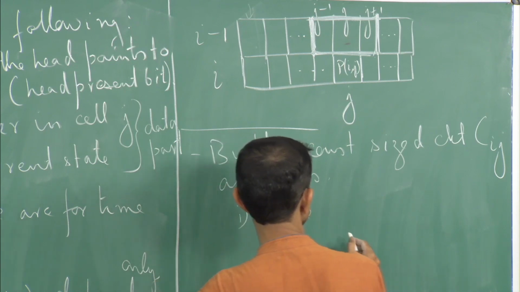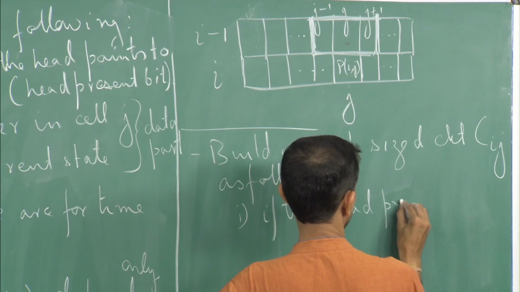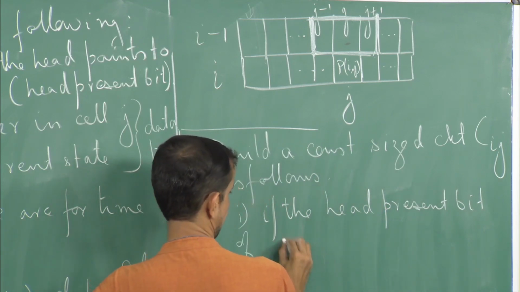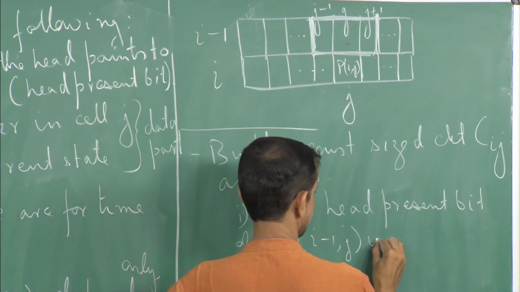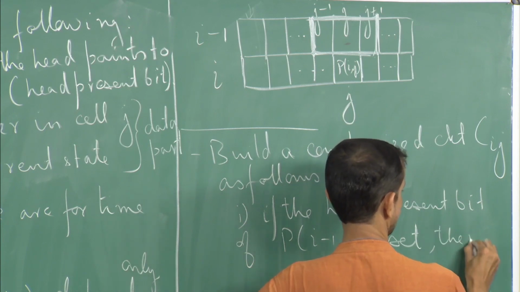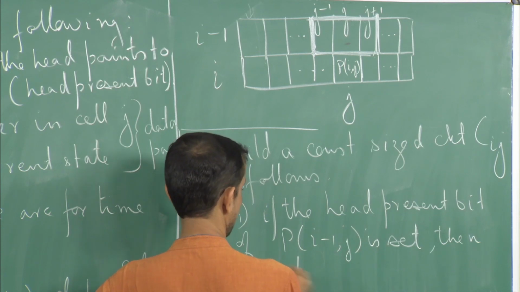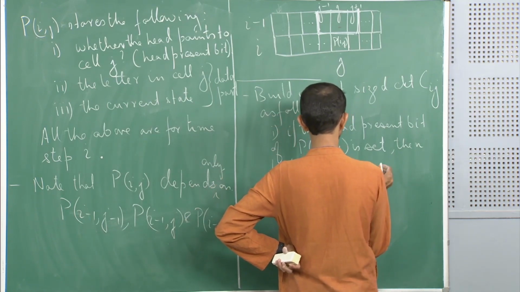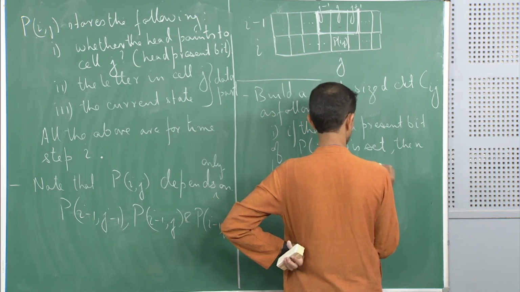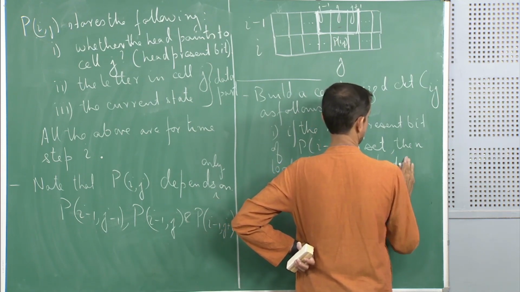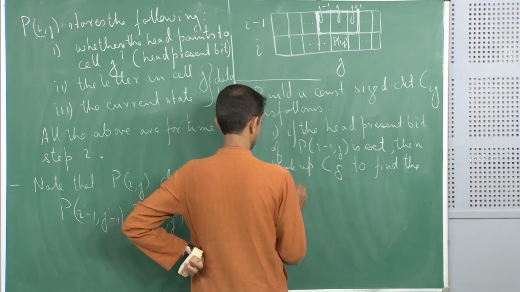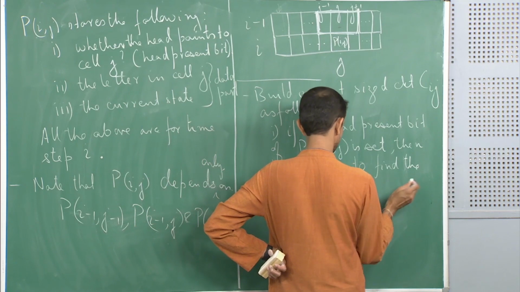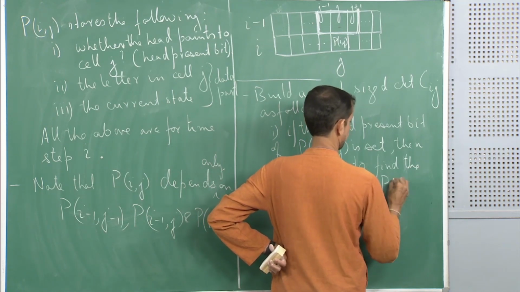So, if the head present bit of P(i-1, j) is set, then look up the circuit C delta to find the data part of Pij.